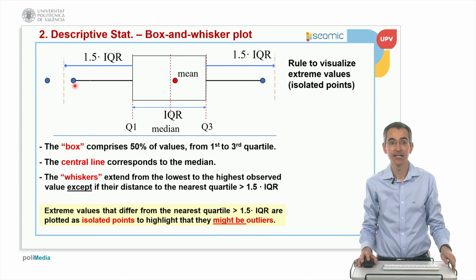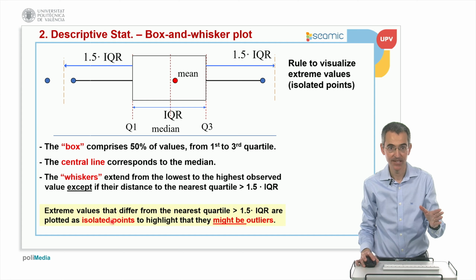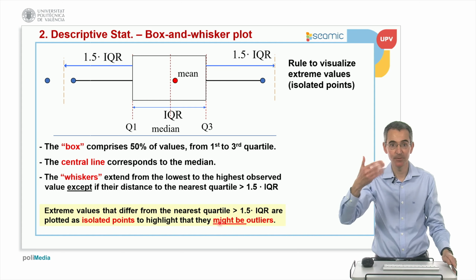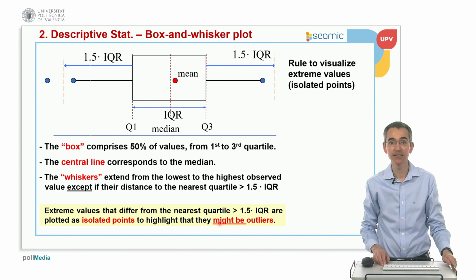So those extreme values that differ from the nearest quartile by more than 1.5 times the interquartile range are plotted as isolated points, but not indicating that they should be removed. No, it is just to highlight that they might be outliers, but we need to apply other criteria to think if they are outliers to be removed or not.